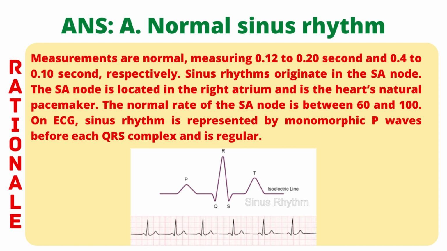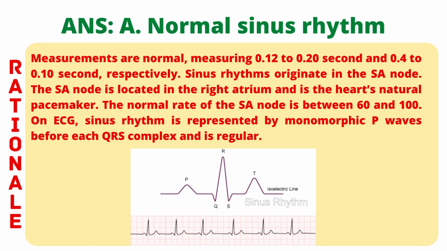So if you see this electrocardiogram strip, they have given the description that the PR interval is 0.16 second. The normal PR interval is 0.12 to 0.20, so it comes in normal. And the QRS complex they have given as 0.06 seconds. The normal QRS complex duration is 0.04 to 0.10 second, so that is also normal.